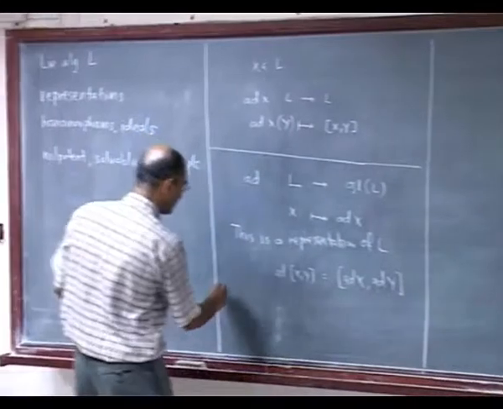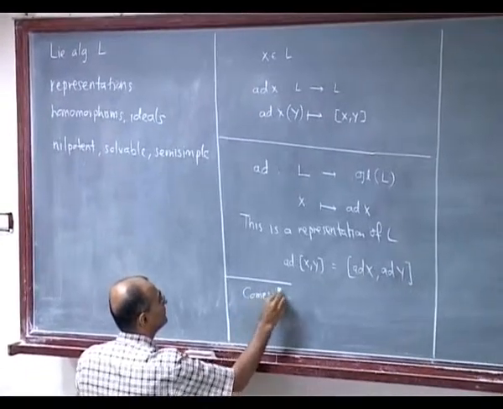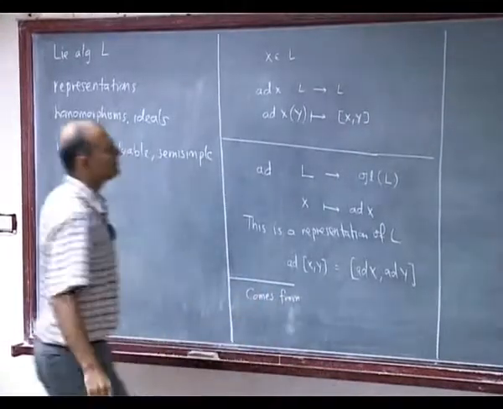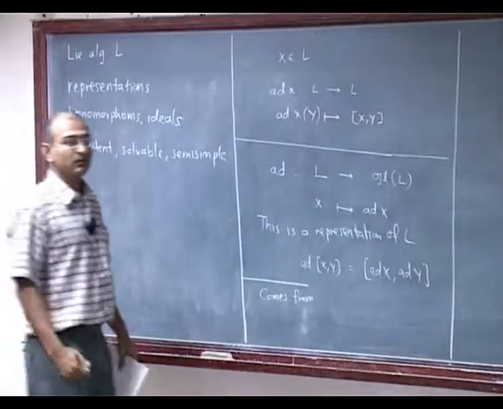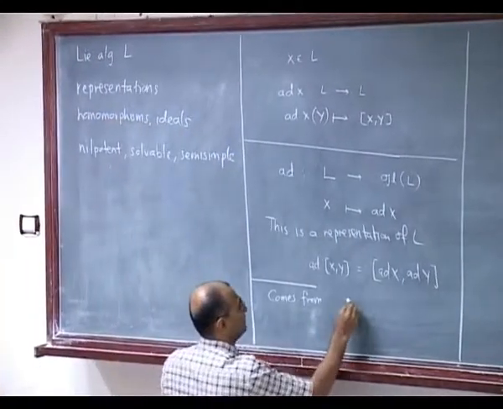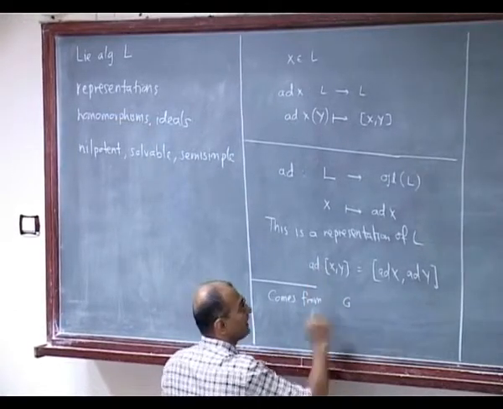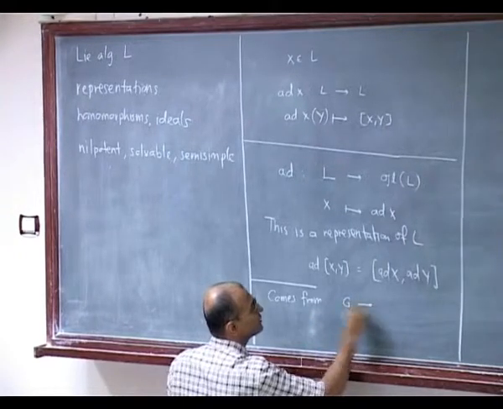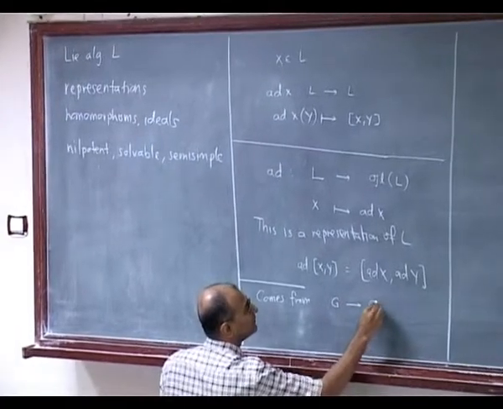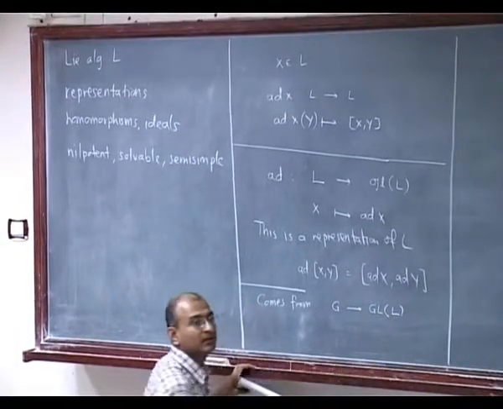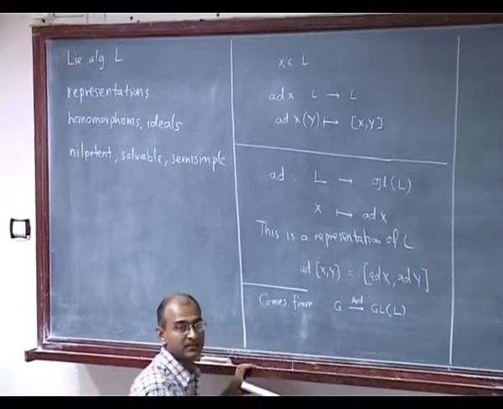And I should also say that this comes from, if the Lie algebra L is the Lie algebra of a group G, an algebraic group or a Lie group, then there is a representation of G from which this comes, and the way this happens is that G also has an action on the Lie algebra of L. This action is the adjoint action, where the A is written as big.